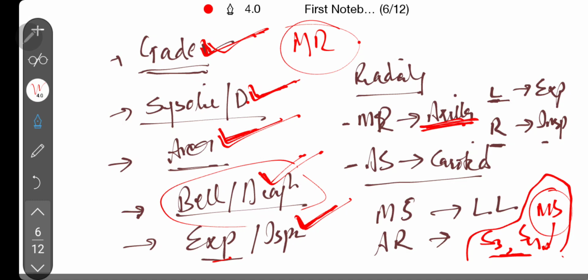Let's do another example of aortic stenosis. There is grade 3/6, whatever the grade is. We're talking about aortic stenosis here.